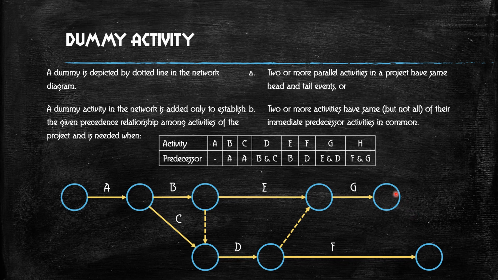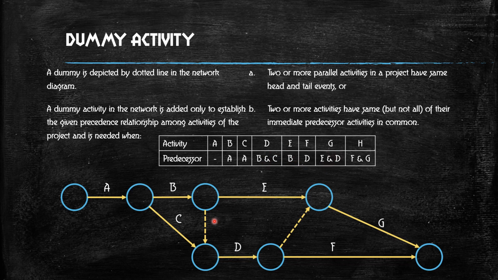And in that case, what you can do, instead of drawing a separate event for G, you can make this G come here. Okay. So in the case of D and G, we draw a dummy line because for D you have B and C, but for E you have only B, right?